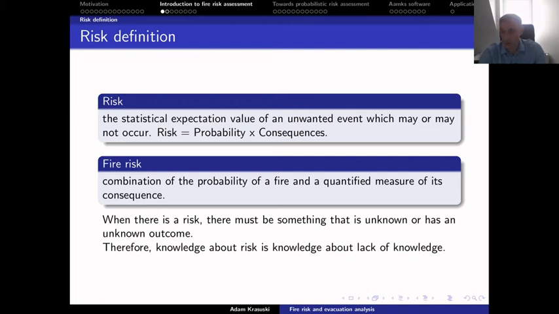And with this definition, we may say that when there is a risk, there must be something that is unknown or has an unknown outcome. Because in the first definition, we say that some unwanted event may or may not occur, and in the second definition, we say something about the probability of the fire.